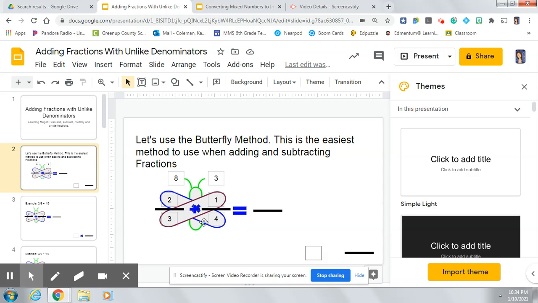What I'm doing with my denominators, to get my denominator, I have to multiply my two denominators together. So I multiply 3 times 4, I'm going to get 12.